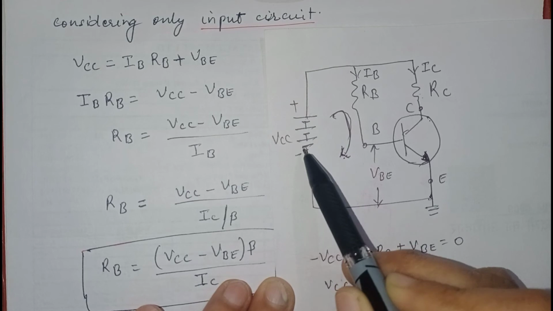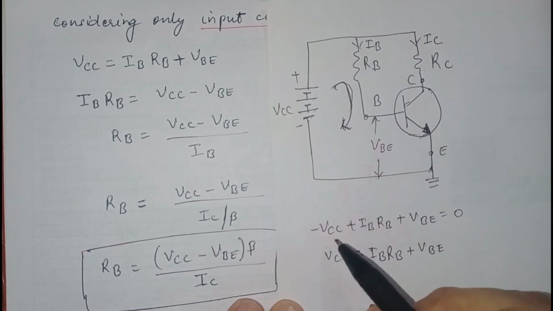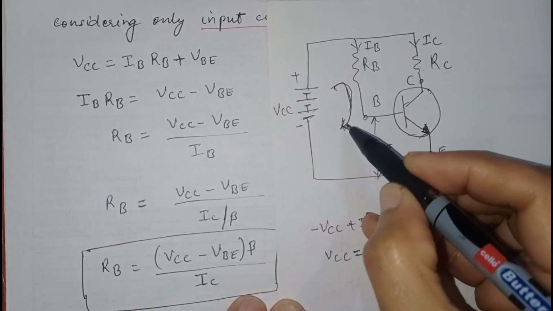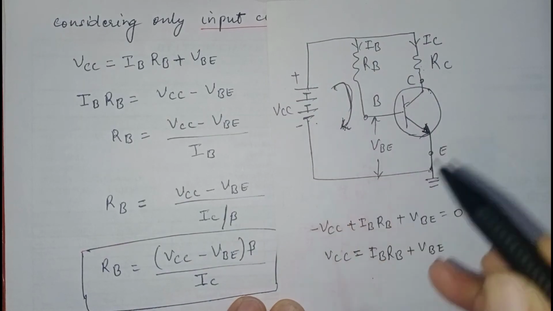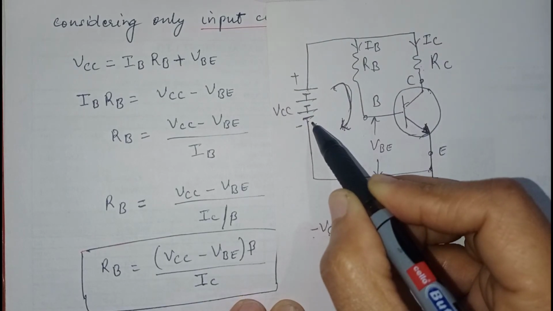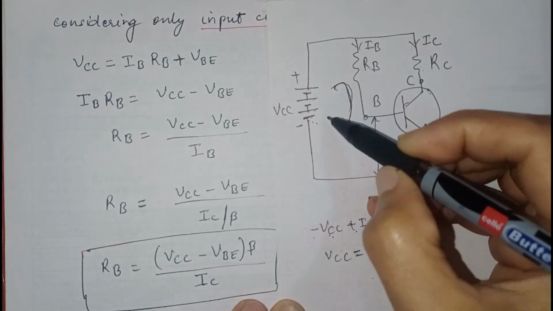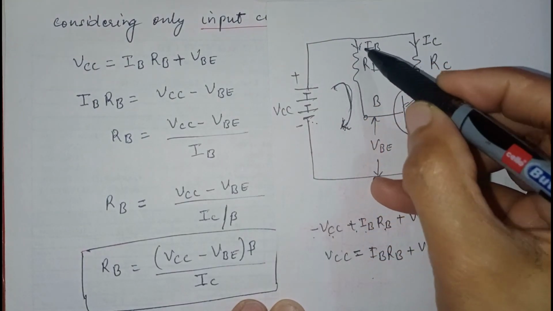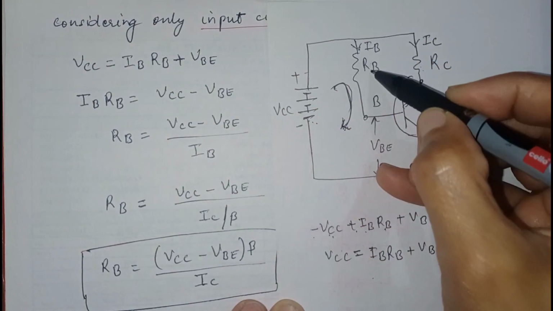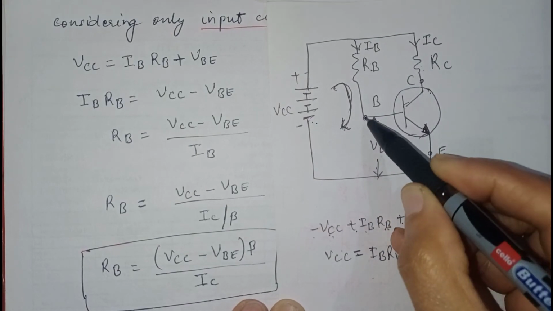Now we will apply KVL. The direction of the current and the sign we have considered is when the current is entering into the terminal. So minus VCC because current is entering the negative terminal. So it is minus VCC plus IBRB because the current is going in this direction. Because it is positive, IB into RB plus this VBE because it is also positive.